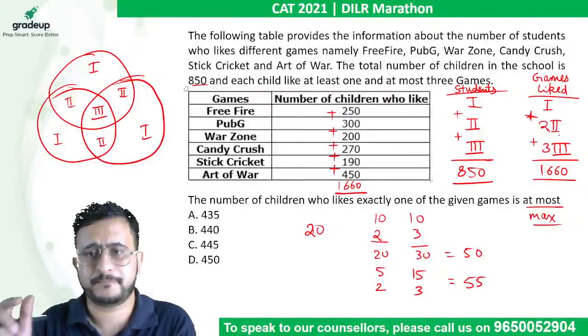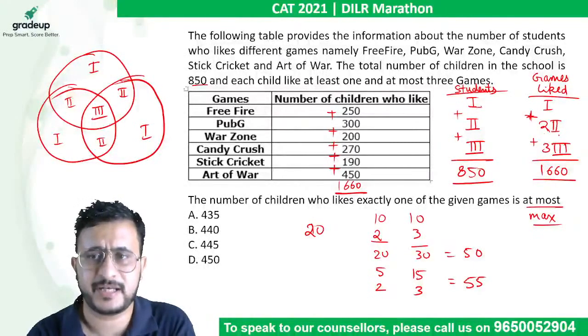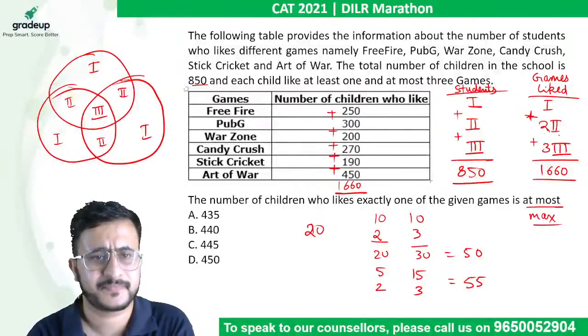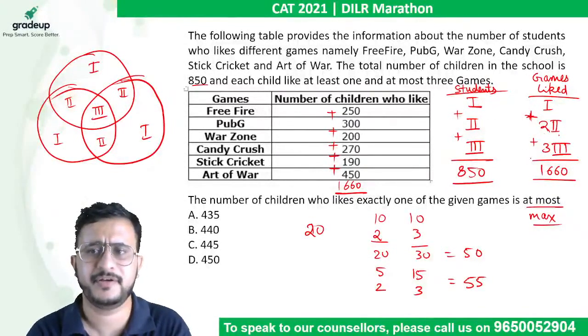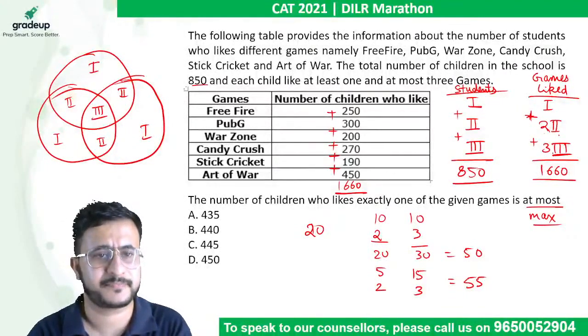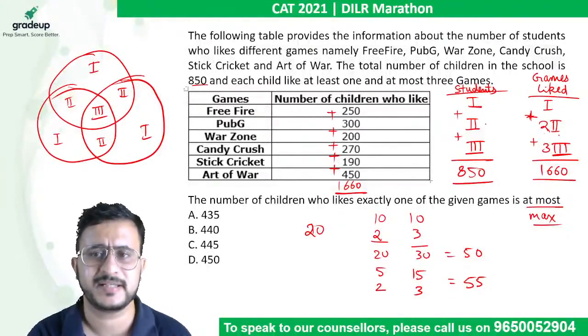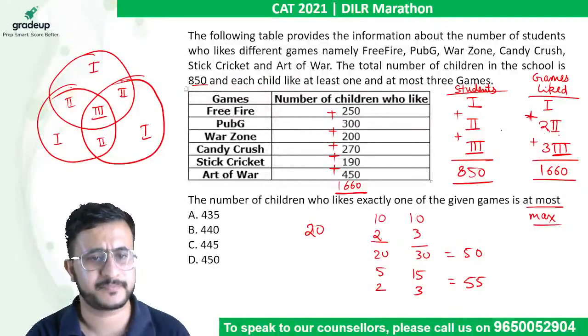So in order to maximize this value, because this is fixed, I have to maximize the number of people who like only one game, right? So what will I try to do? I will maximize the number of people who like 3 games, or rather I would minimize the people who like 2 games.